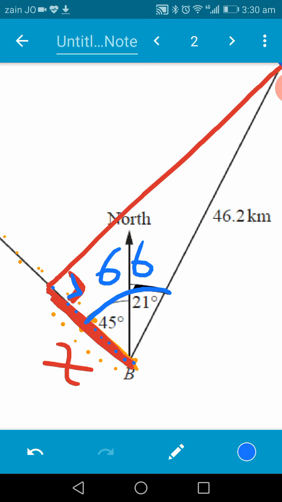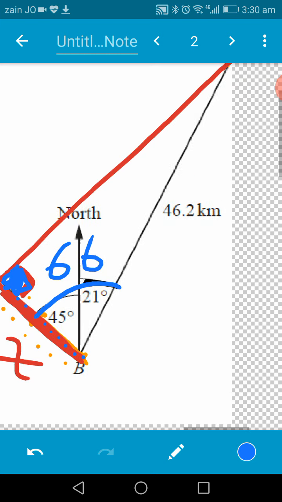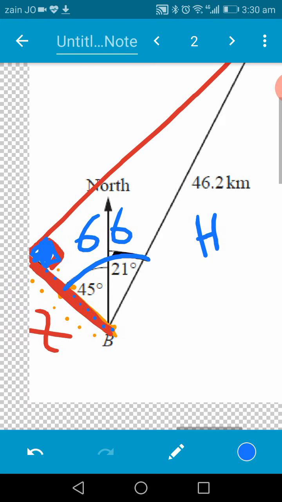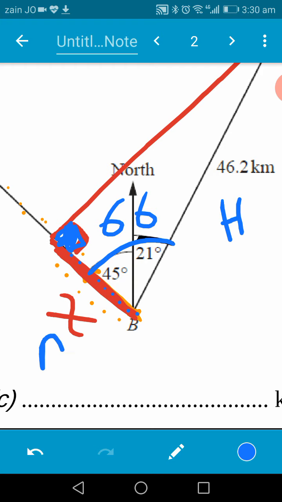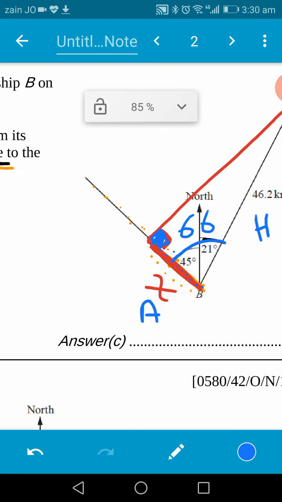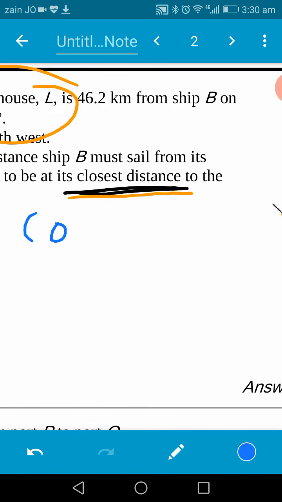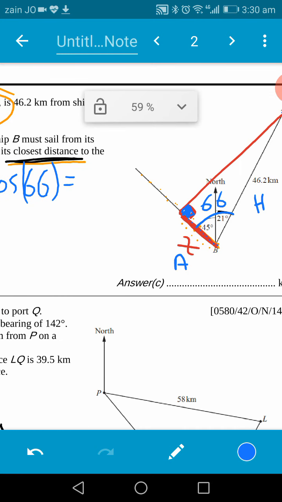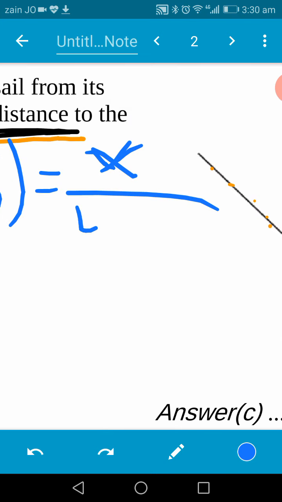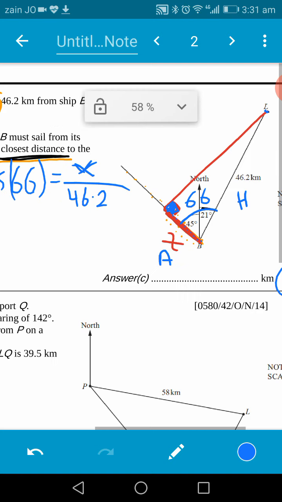Okay, and this is a right triangle, by the way, so you can use SOHCAHTOA. This is the hypotenuse, and x will be the adjacent. So take cosine 66 equals the adjacent, which is x, over the hypotenuse, which is 46.2.